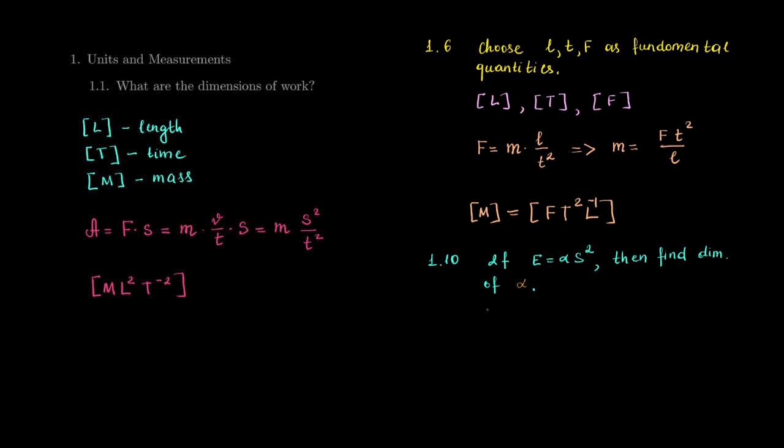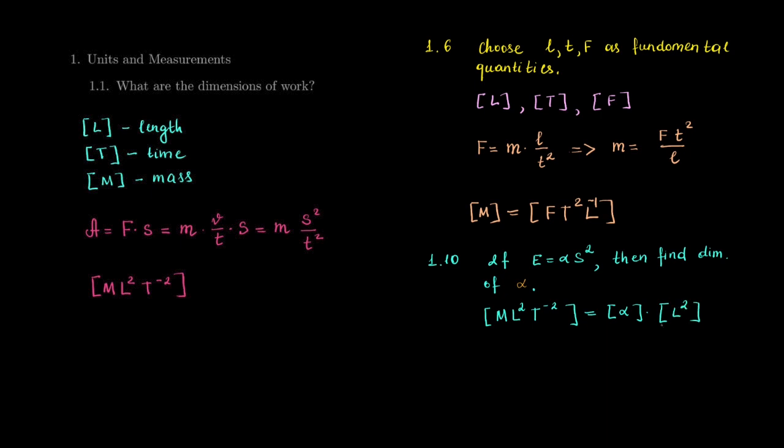So the dimensions of E is equal to, well, it was m L square t minus 2. So it's equal to dimensions of alpha multiplied by dimensions of s square, so it is L square, right?